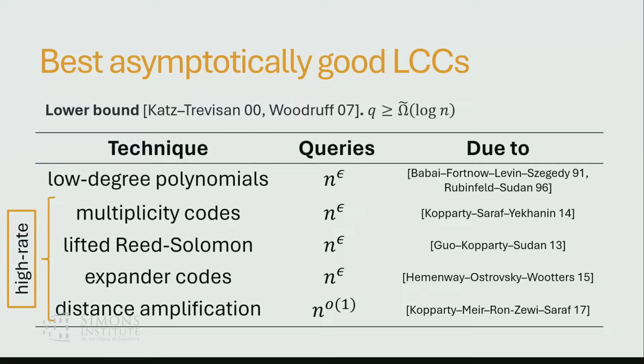Then in the years following, there are 3 different ways to get asymptotically good LCCs with rate arbitrarily close to 1, but that still require some polynomial number of queries. And finally, with the work of Swastik, Noga and Shivangi, we have asymptotically good LCCs with query complexity which is slightly subpolynomial. But there's still this huge gap between the lower bound, which is log, and the upper bound, which is 2 to the root log n.